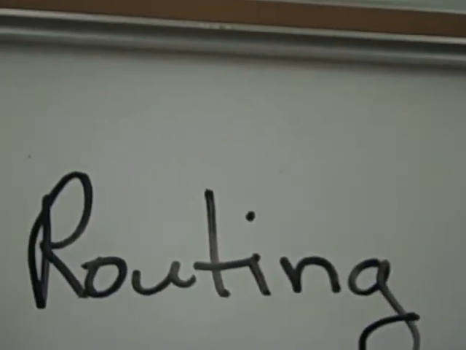Routing protocols that we're going to talk about in here: RIP version 2, talk a little bit about version 1, EIGRP, and OSPF. IS-IS we don't cover, but OSPF. OSPF is a link state routing protocol.